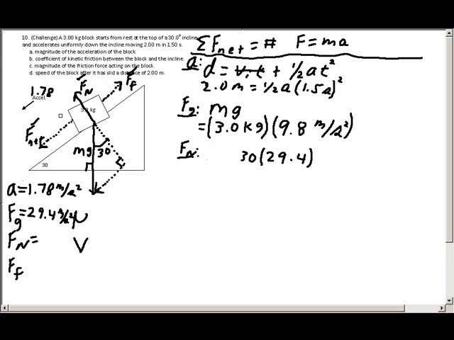Bad, bad, bad. So how about we correct that? This is cosine of 30, and when you do that, you get a normal force equal to 25.46 newtons.